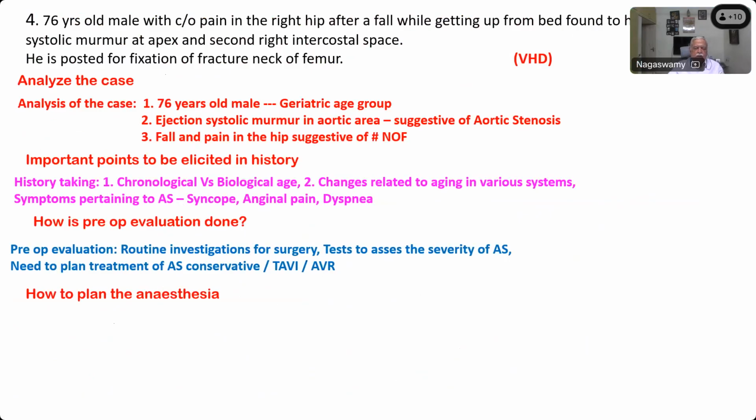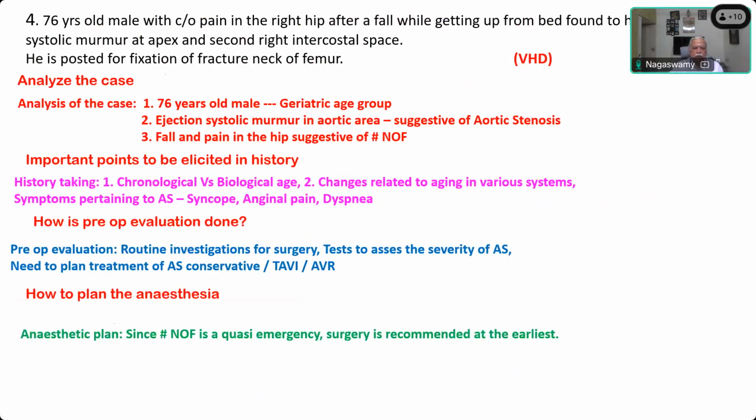Okay, so maintenance of SVR, systemic vascular resistance, is very important. Just as I told you about low heart rate in mitral stenosis, in aortic stenosis preservation of SVR is very important. So afterload, preload, and contractility should be maintained.